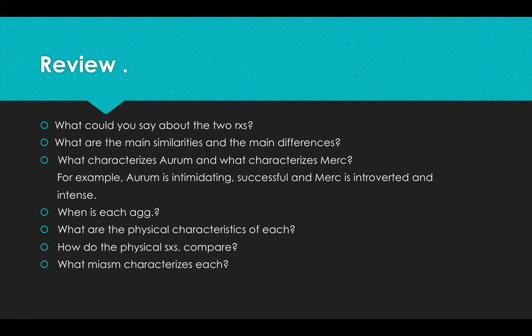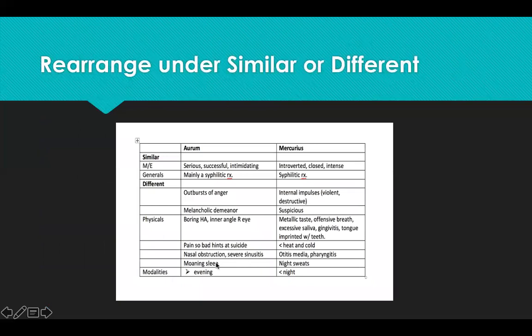So now what you want to do is go back and think about the two remedies. So what are the main similarities and the main differences? What characterizes Aurum and characterizes Mercurius? For example, Aurum is intimidating and successful. Merc is introverted and intense. So what about the aggravations? So let's go back and look. So Aurum is better in the evening, but Mercurius is worse at night.